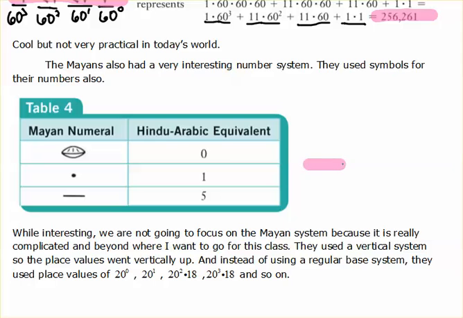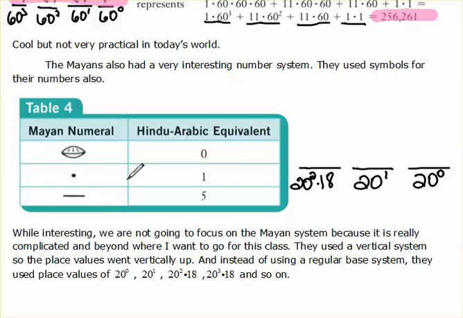So again, if you had a 3-digit number, say, in the Mayan system, this first position would be 20 to the 0, which is a ones position. And the second position would be 20 to the first, but then the third position would be 20 squared times 18. And then each one after that would be 20 to a power times 18.